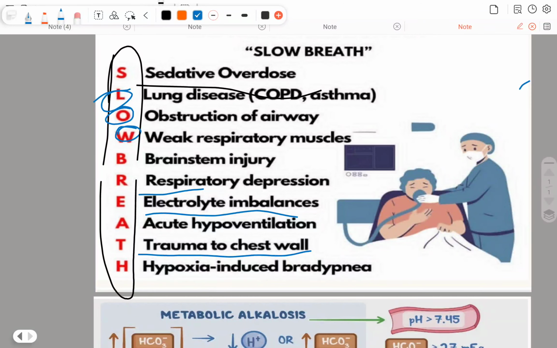The space between the pleural layers inside the chest wall has negative pressure. This negative pressure's main function is keeping the lungs enlarged.